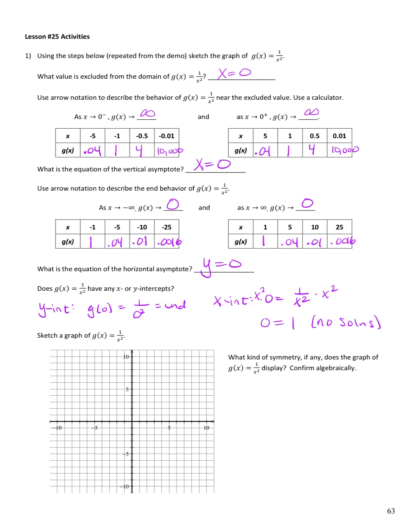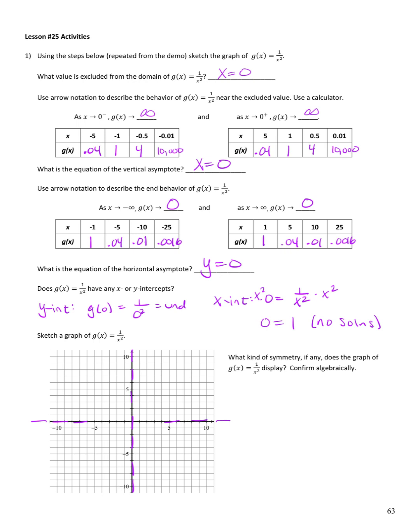What kind of symmetry does the graph of 1 over x squared display? Well, first we're going to sketch a graph of 1 over x squared. I've got a bunch of points from these tables, and I have a vertical and a horizontal asymptote. So my asymptotes are at x equals 0 and y equals 0.